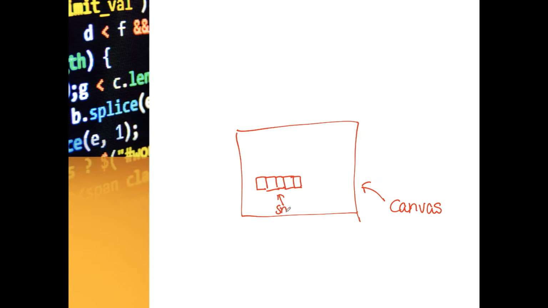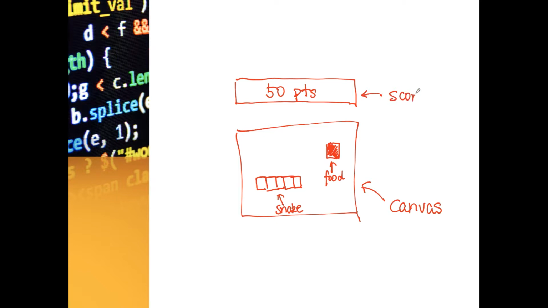That's the snake. That's a pretty decent snake. And then we will have a food. We can also add a score feature. Let's say 50 points score.